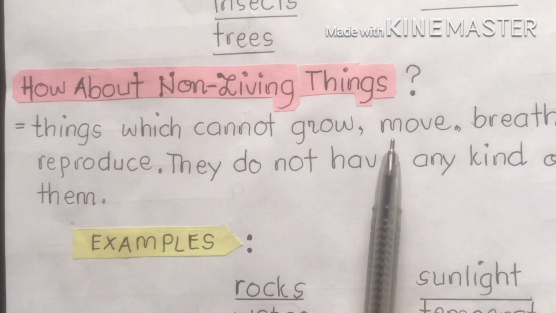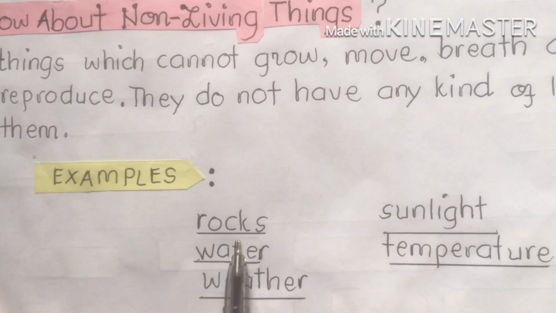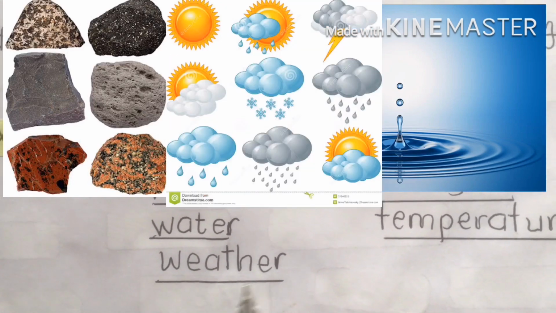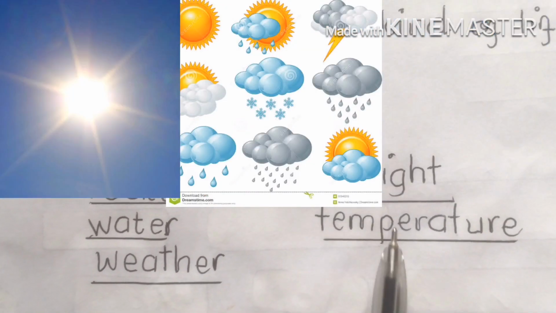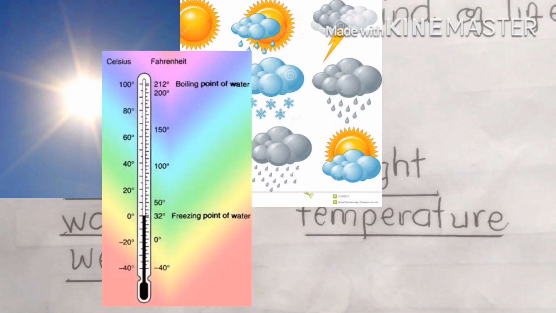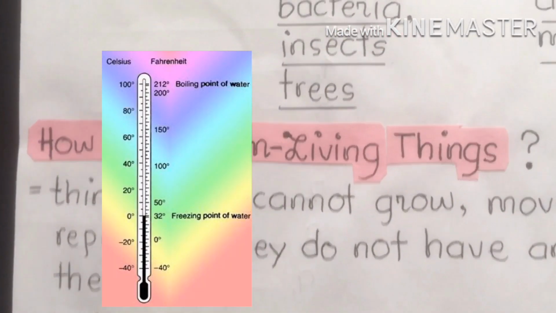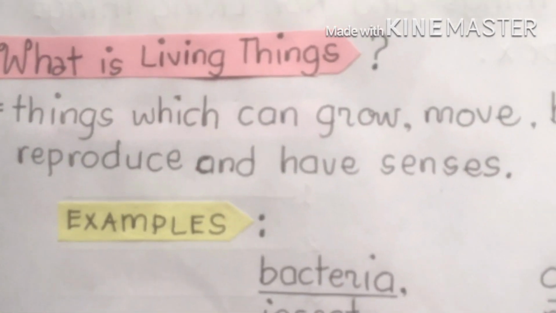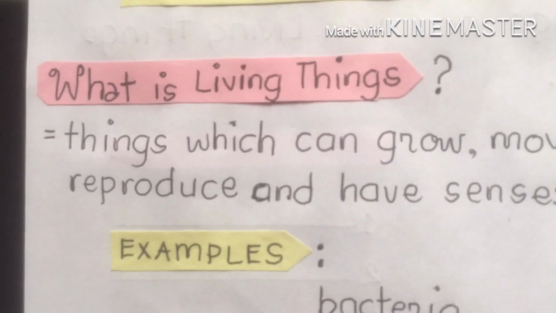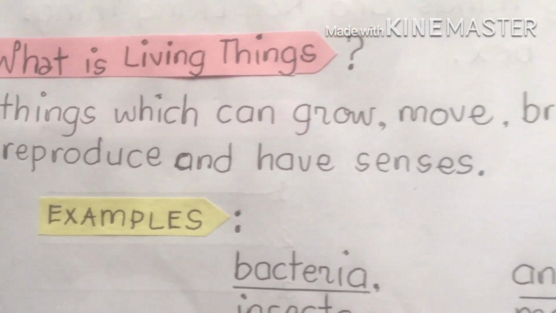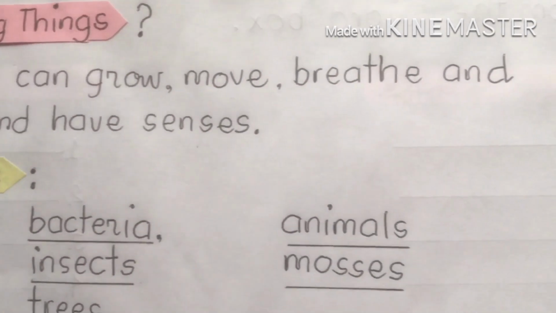Examples, my dear viewers: rocks, water, weather, sunlight, temperature. These are the two things in this world that we need to distinguish and compare, biotic and abiotic factors, referring to living things and non-living things.